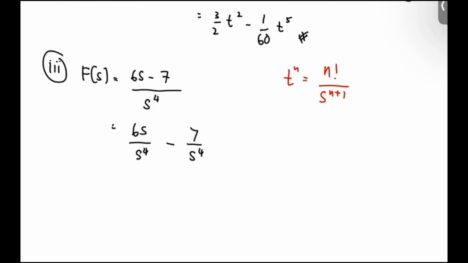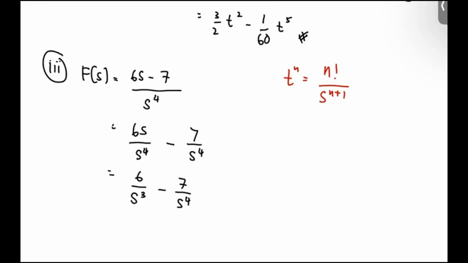So for 6s over s to the power of 4, here we have s, so you can cancel. Here s to the power of 4, so here will be s to the power of 3. So you should have 6 over s cubed minus 7 over s to the power of 4.